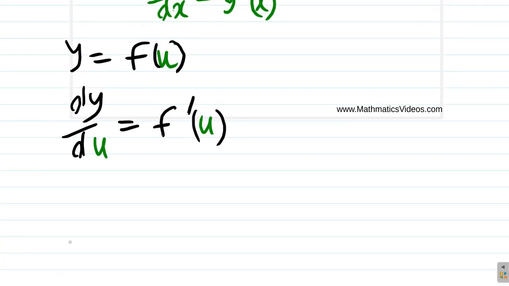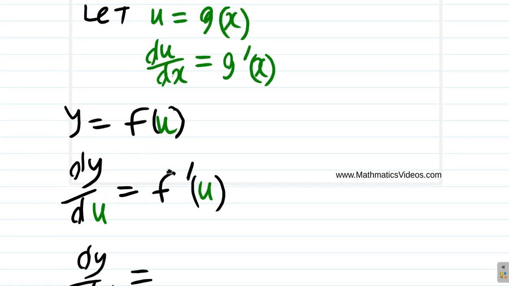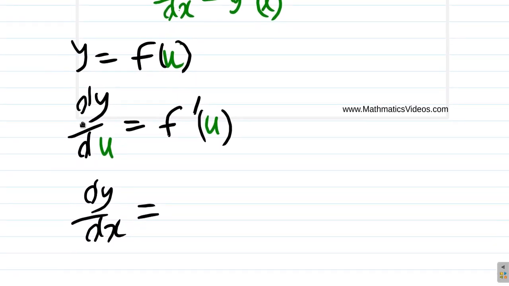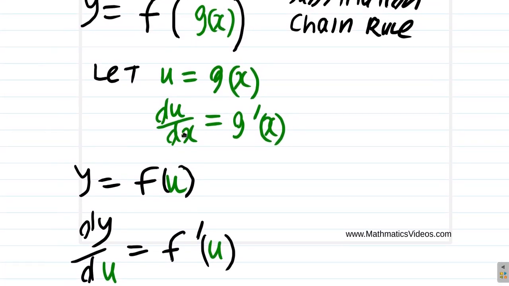So let's write that down. dy by dx is equal to, suppose we write dy by du, and then multiply that by what we have up here, du by dx.